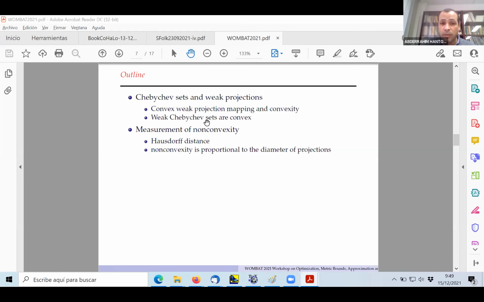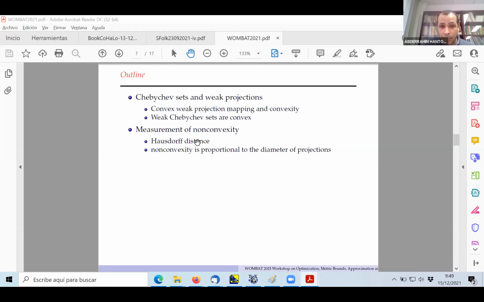We relate this weak projection with the problem of the convexity of Chebychev sets. We will speak about weak Chebychev sets. And in the second part, a short one, we will introduce this relationship between the lack of convexity and the diameter and the shape of the associated projection.